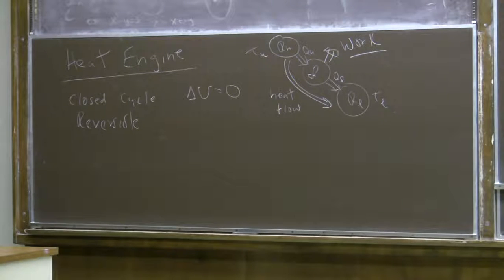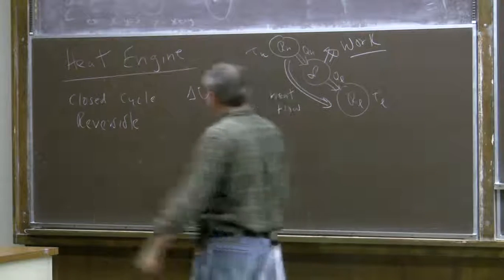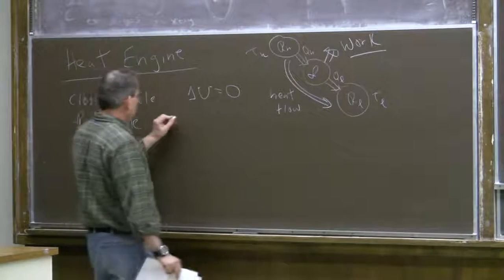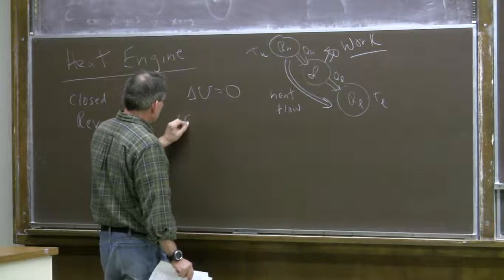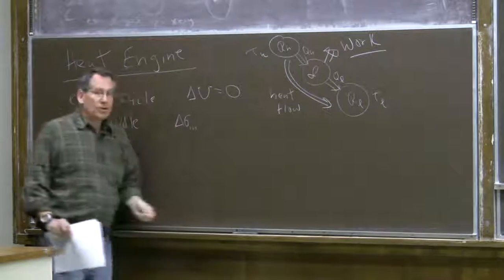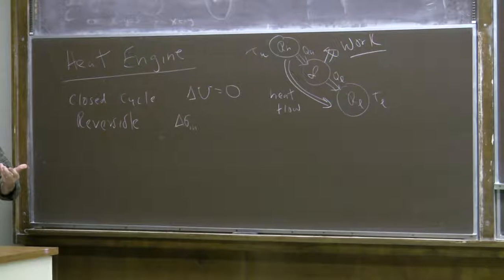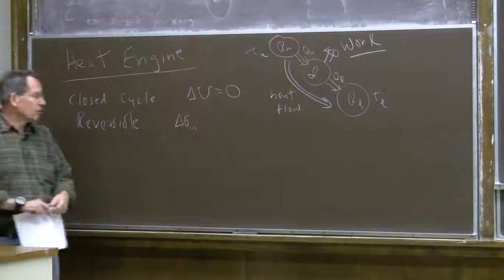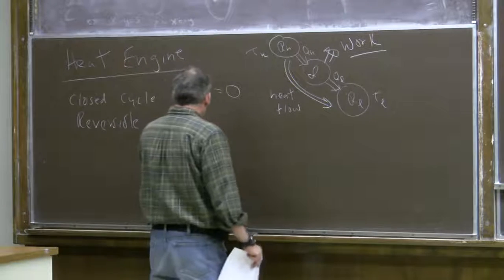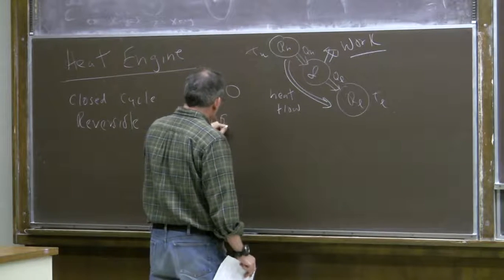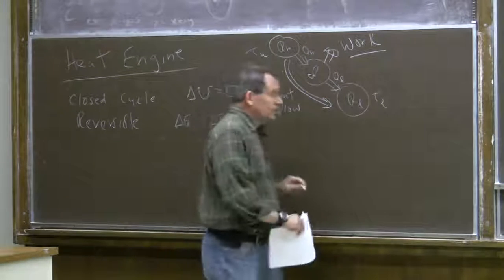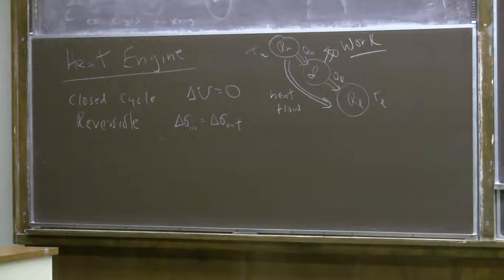The state of the system is the same as it was initially. Since it's reversible, the entropy of the universe stays the same, so the amount, I'll call it delta sigma in, by which the entropy of the system increases when heat flows from the high temperature reservoir into the system, equals delta sigma out, the amount by which the entropy of the system decreases when heat flows out of the system into the low temperature reservoir.